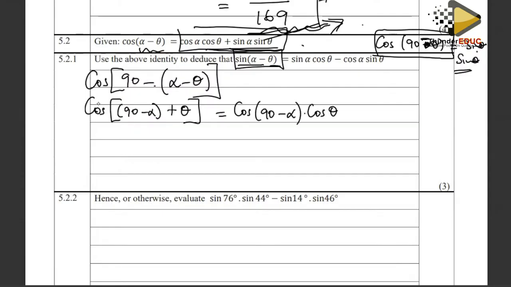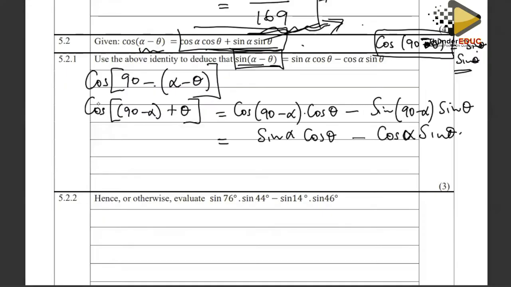Since I'm adding, I'll subtract. And then it's supposed to be a sine, because the formula says sine. So the sine of 90 minus alpha multiplied by the sine of theta. So compound angles: cos of 90 minus alpha gives us a sine of alpha, times cos of theta, minus sine of 90 minus alpha, that's cos of alpha, times the sine of theta.